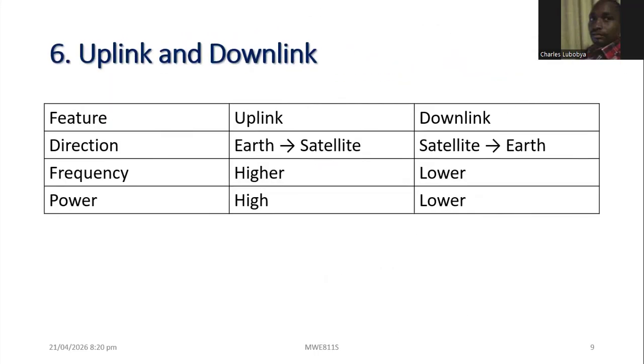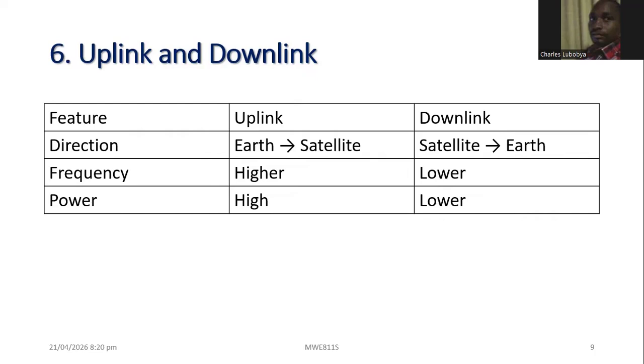Next, I want us to talk about the uplink and downlink. When we talk about uplink, this is from the earth or ground station to the satellite, and downlink is from the satellite, which is located in space, down to another ground station on earth.